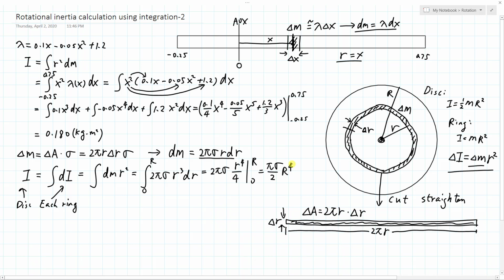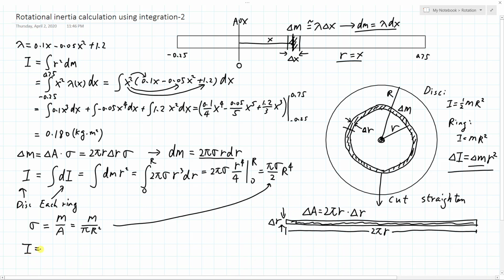Okay, so we're not entirely done yet because we want to get rid of this density here. So what is density? We know that density is the total mass over total area. Right, so total mass is m, total area of that disk, pi capital R squared. So if we plug this in, then we can get our final answer.